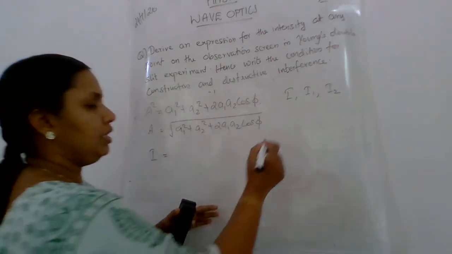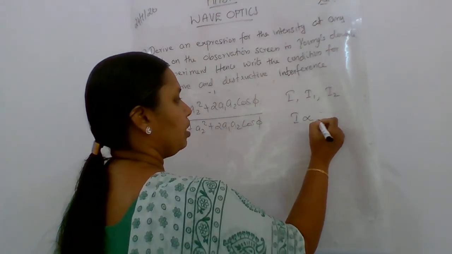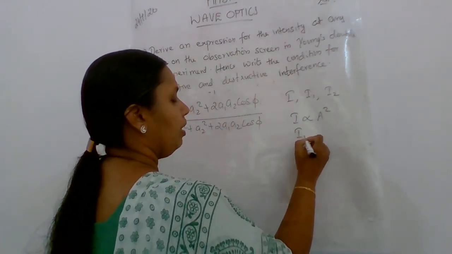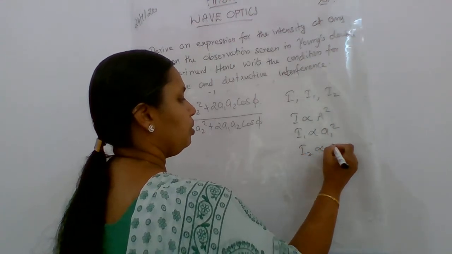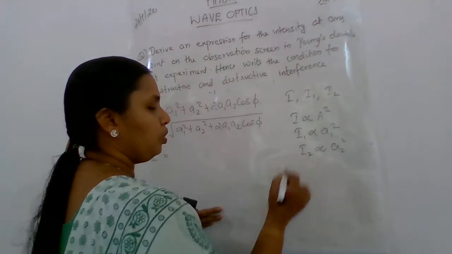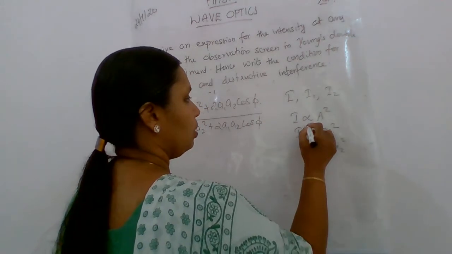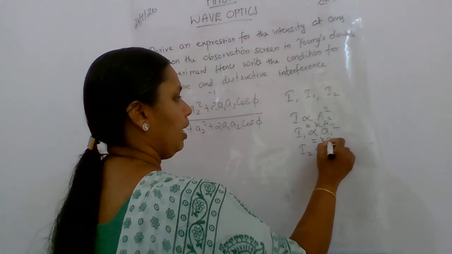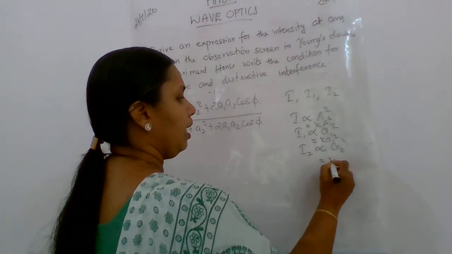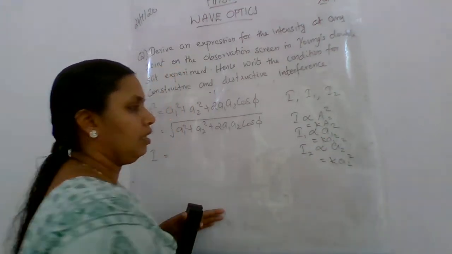So here, I is proportional to A square, I1 proportional to A1 square and I2 proportional to A2 square. So proportionality we have to change to equality. So we take a constant K: K A square, K A1 square and K A2 square.